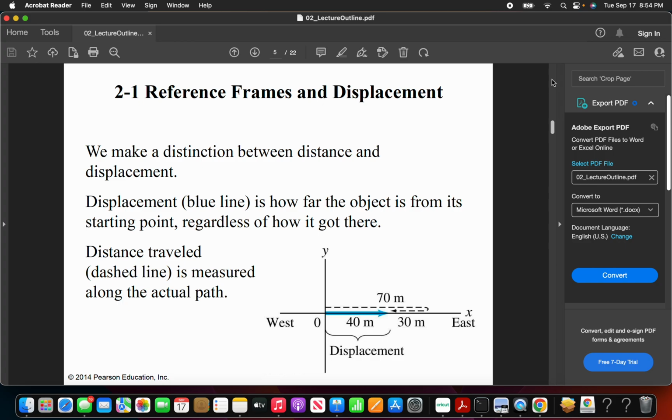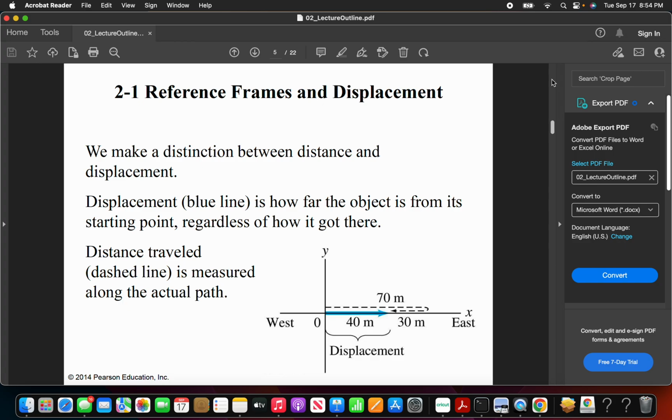But we're going to dig deeper into that when we start talking about velocity, all right? Oh, let me go back, and I just want to point out this little figure at the bottom here, and we see the blue arrow, which is pointing in the eastern direction, right? Ultimately, right? But we started out, if you pay attention to the dash line, then it says what?